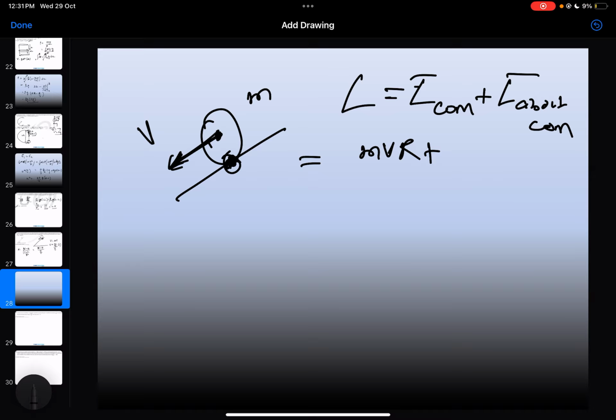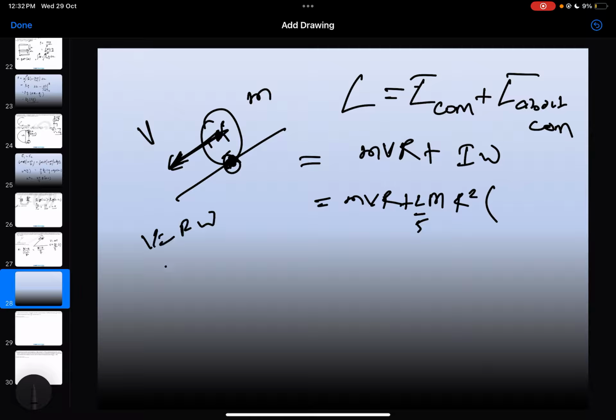What will that be? You're standing here, it is rotating with omega, so it will be I omega. So mvr plus I, moment of inertia, 2 by 5 mr square. Omega will simply be v by r, since v is r omega as it is rolling.